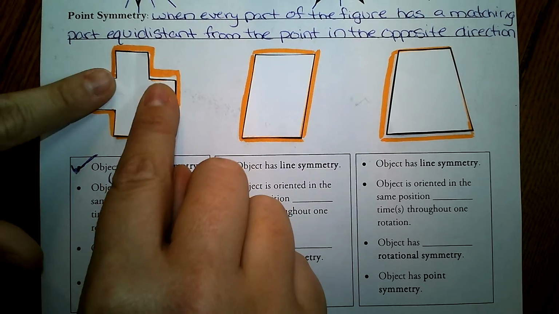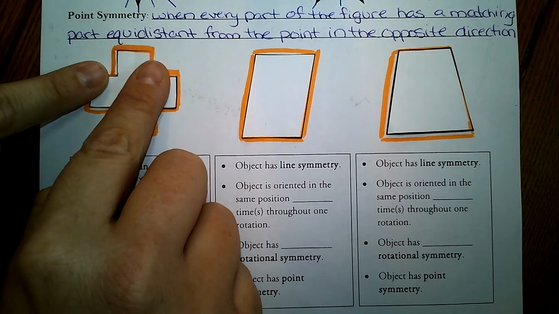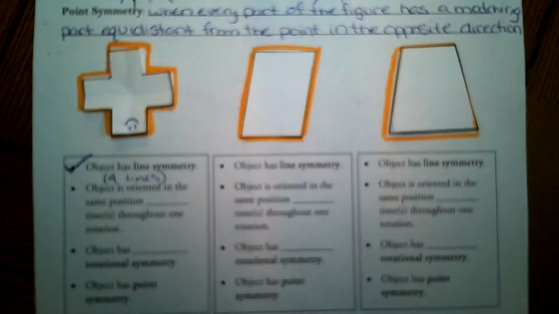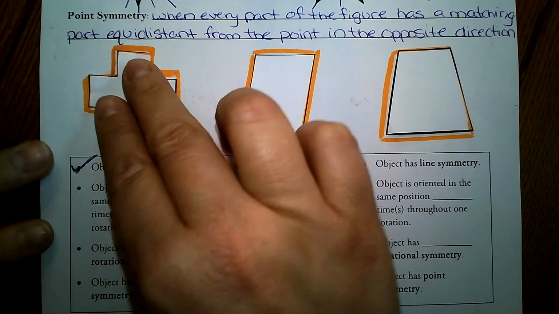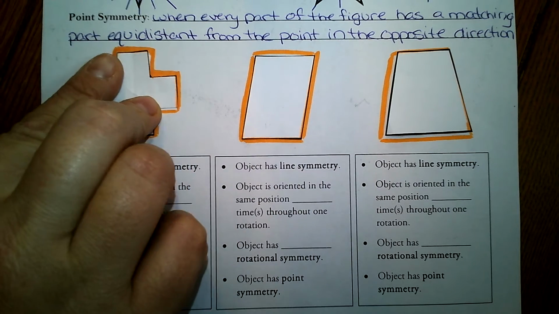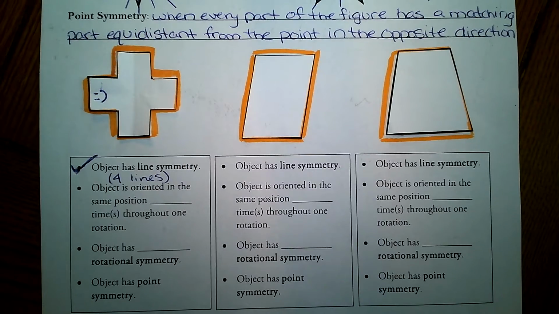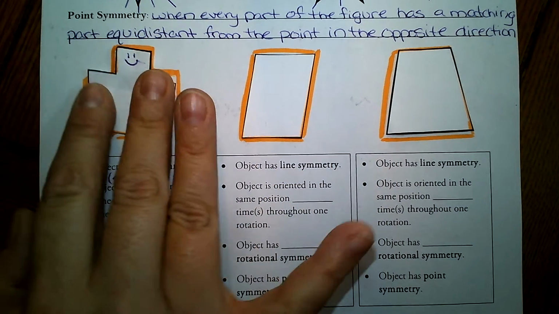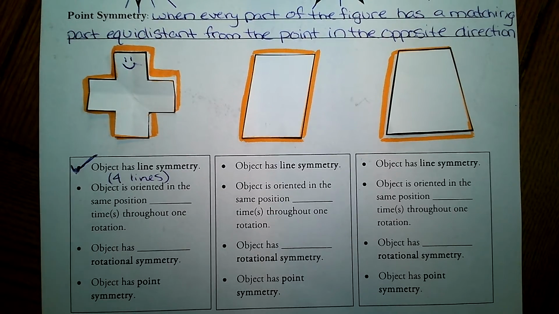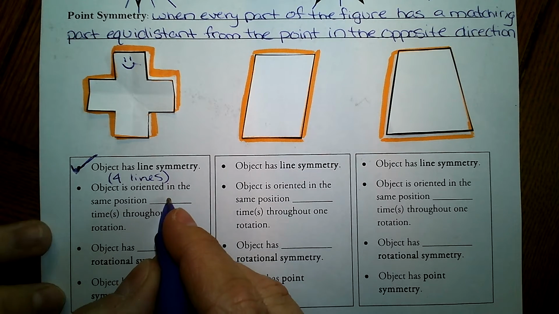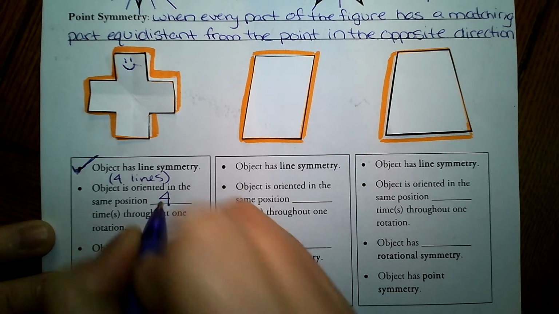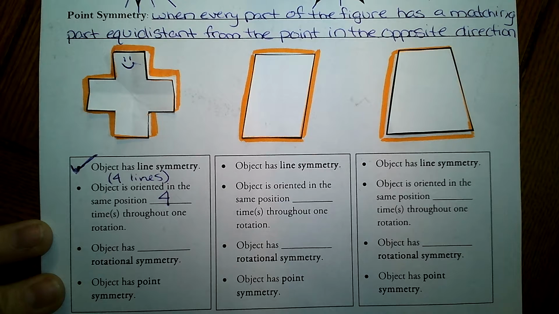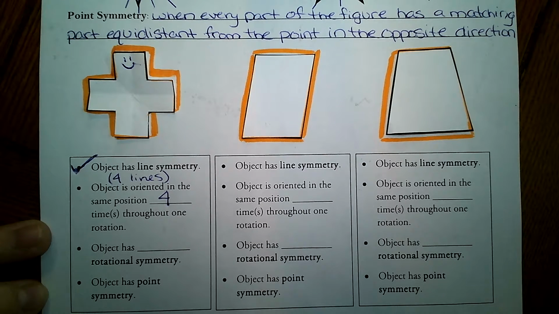I can rotate it 90 degrees again, and it fits back into its original position. And we're just able to rotate this image 4 times, and it will fit back into its original position all 4 times. So this object is oriented in the same position 4 times throughout one rotation. It fits in 4 times.